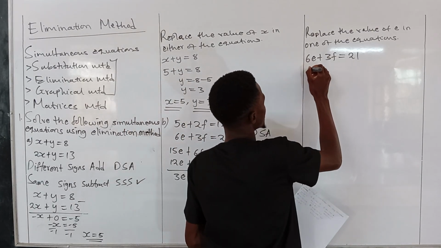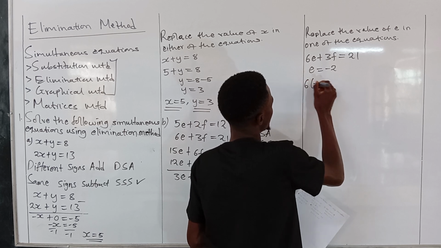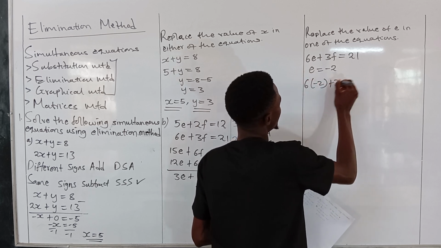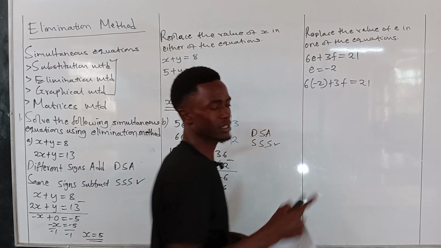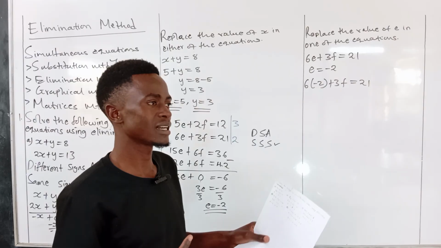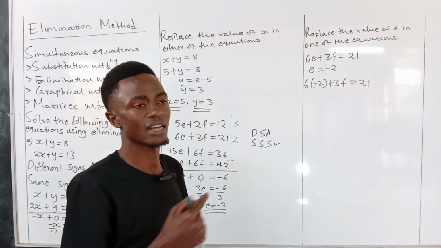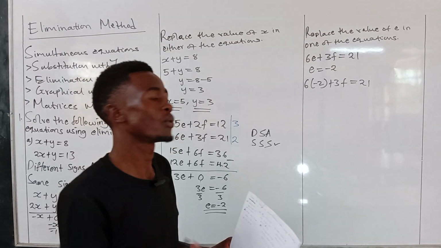So our e is going to be negative 2. So we have 6 into negative 2 plus 3f is going to give us 21. I put it in brackets because sometimes you may find numbers or letters that have to be multiplied even by the signs. So when you put them in brackets, it makes your work easier.